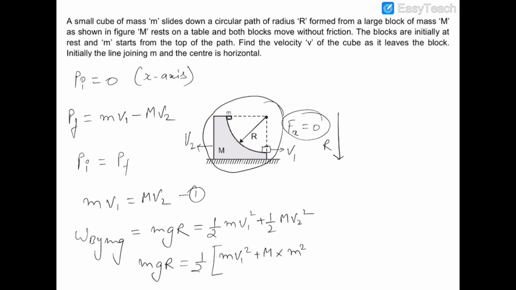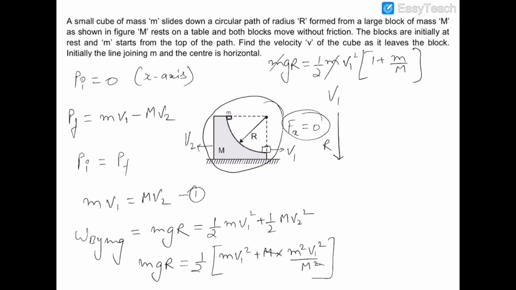V2 square will be m square v1 square by M square, cancelling out this M with M. So by taking this, mgr is equal to 1 by 2 m v1 square, and v1 square is also common, and this is 1 plus m upon M. Cancelling out this, v1 will be equal to the root of 2gr M upon (M plus m).